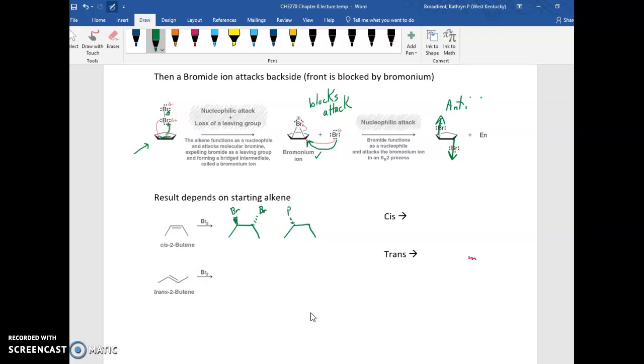We also have the other possibility. Now when I look at these two, I was tempted to say, oh, they're the same. But they're actually not. They're mirror images of each other. And there is a video with me playing with the models to convince myself of that. So if we start with a cis, we'll end up with a pair of enantiomers.